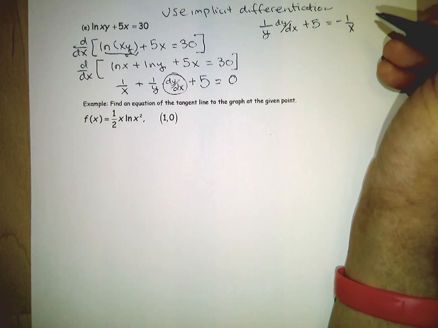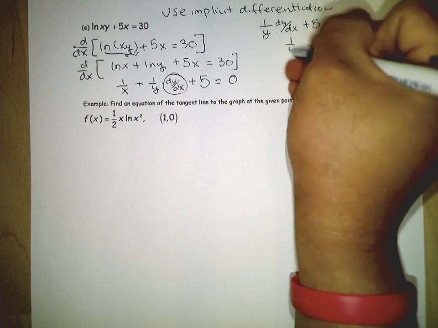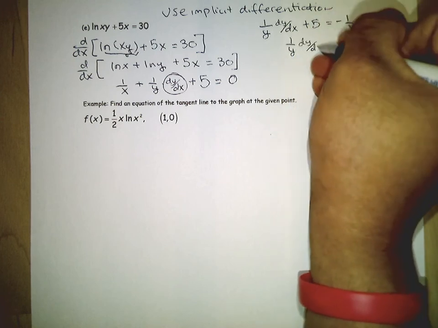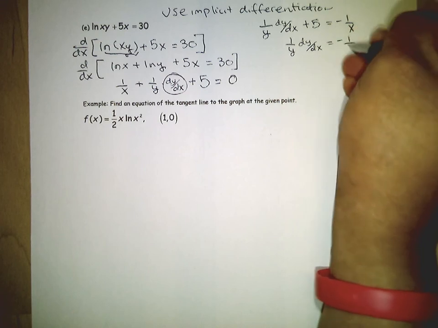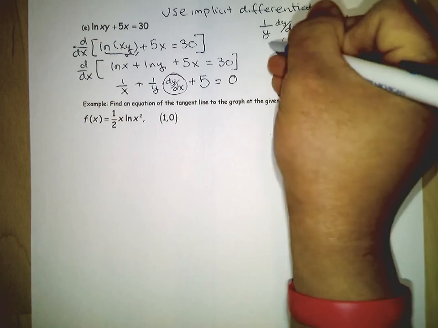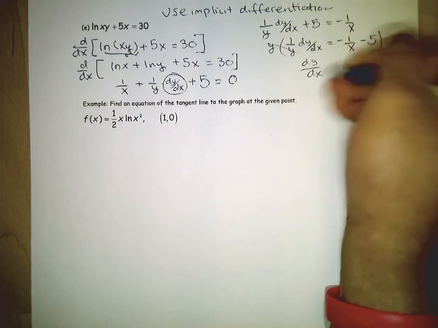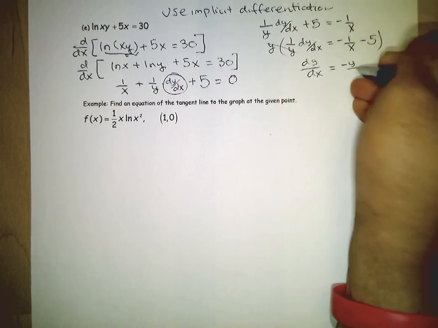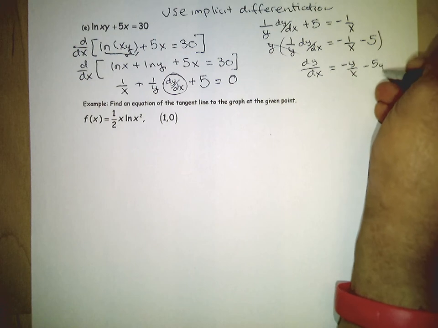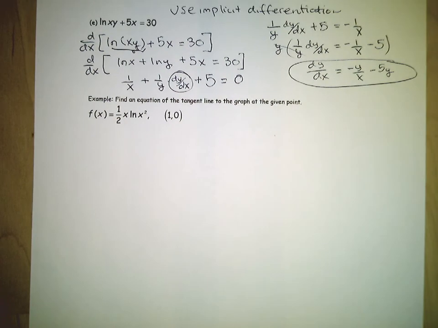Then what I'll do here is subtract the 5, so 1 over y dy dx equals negative 1 over x minus 5, and then multiply by y to get dy dx is equal to negative y over x minus 5y. What a time to be alive.